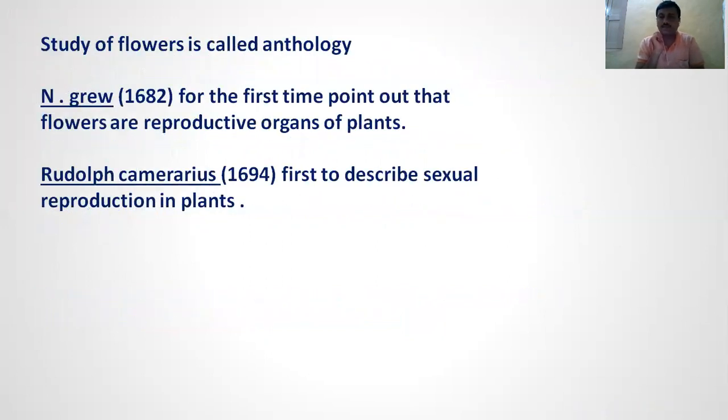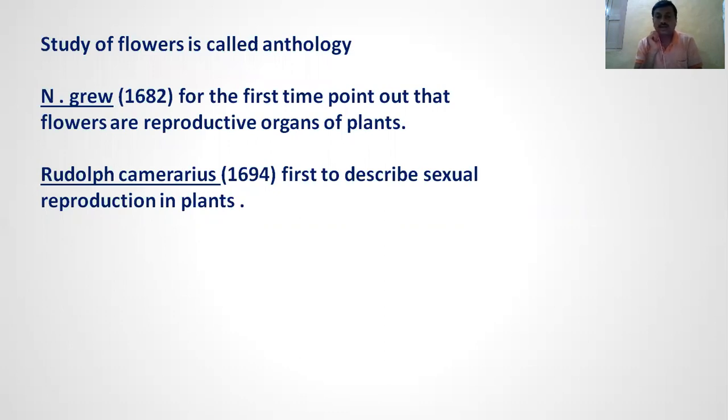The study of flowers is called anthology. Angrew, a scientist, in 1682 for the first time pointed out that flowers are the reproductive organs of plants.